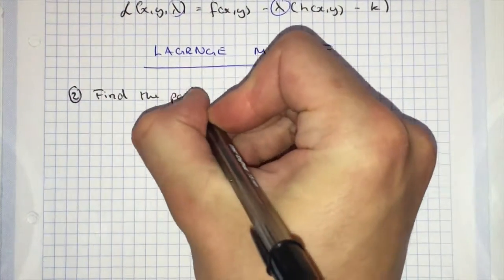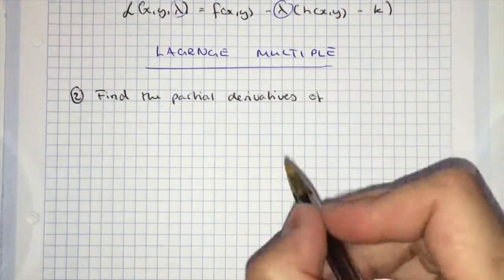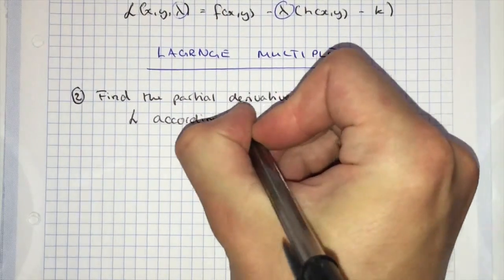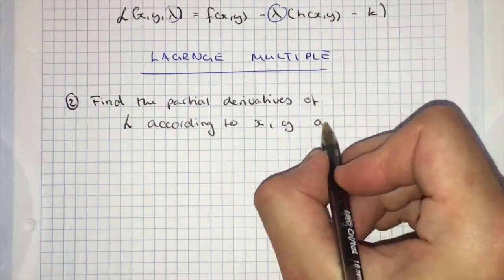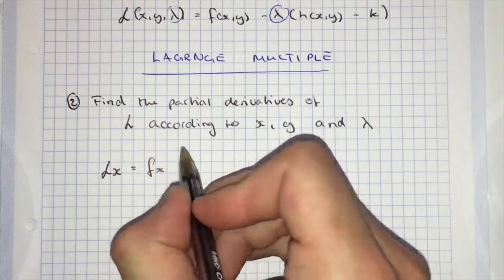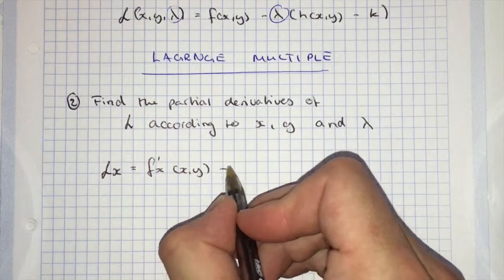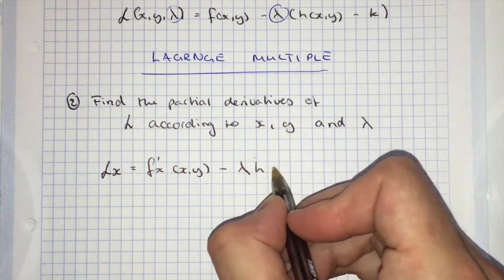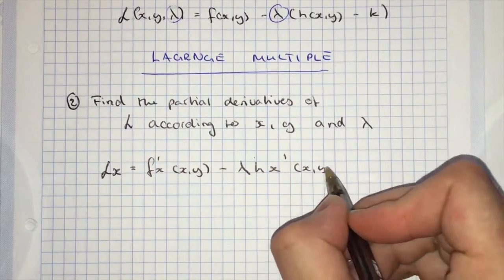Second of all, we're going to find the partial derivatives of our Lagrange function according to x, y, and lambda. So the derivative of the Lagrange function with respect to x will give us fx minus lambda hx.